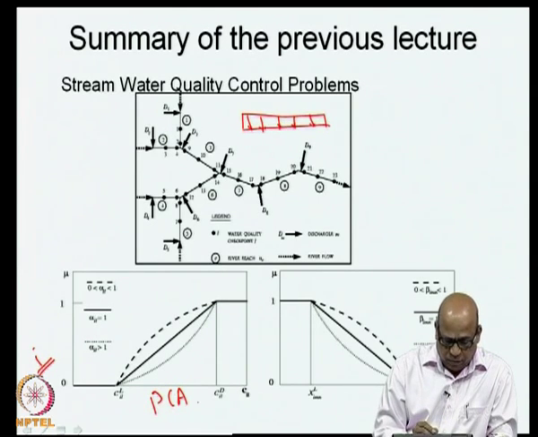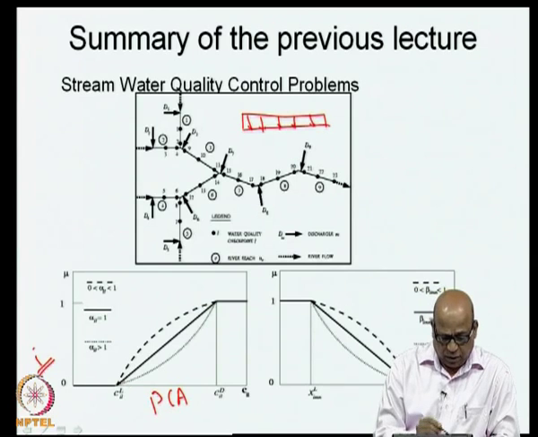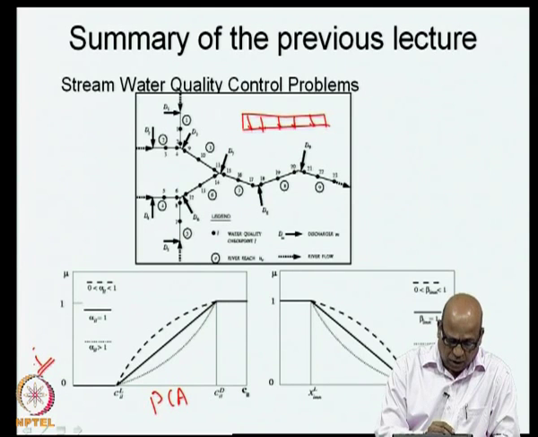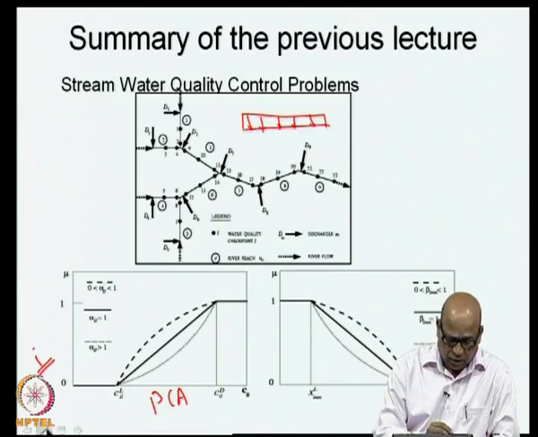If it is an indicator such as DO, it will be reflecting that the higher the water quality, the better it is. Higher the water quality index value, the better it is. Now, that is what is reflected by such membership functions.